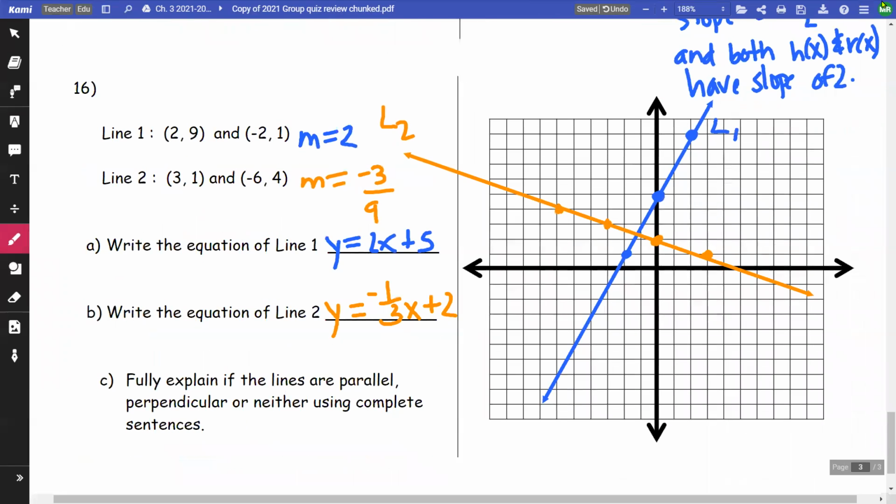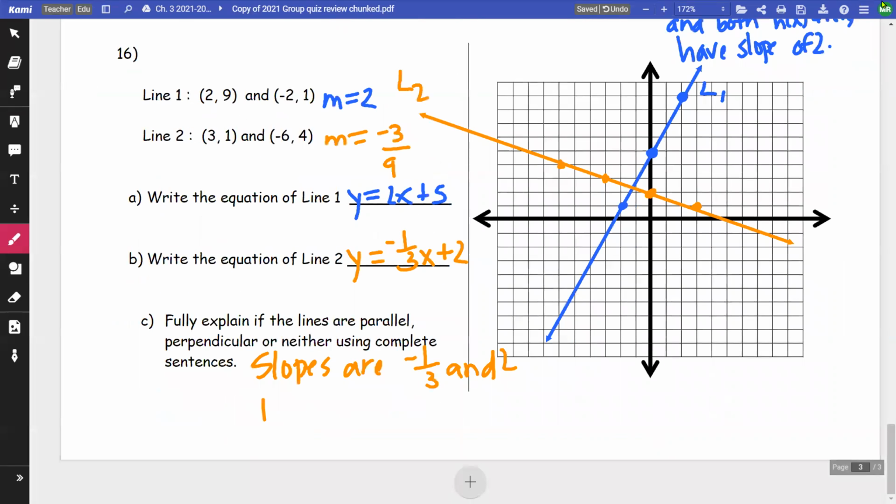Now they want to know if these are parallel, perpendicular, or neither. Slopes are negative 1/3 and 2, which are not the same.